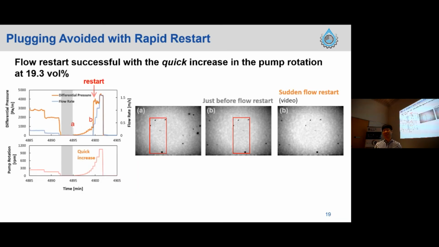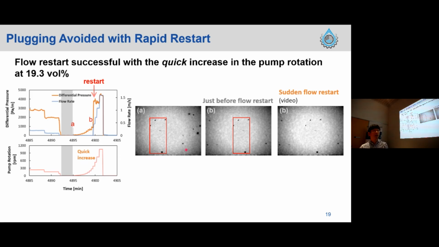Interestingly, we succeeded in restarting flow with a quick increase in pump power at 19.3 volume% of hydrate. In this case, flow was restarted at this point. In the period from A to B, the state of the slurry was gel, but at this point the state changed from gel to zero in a very short period.